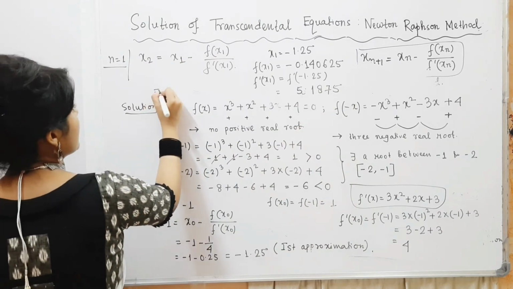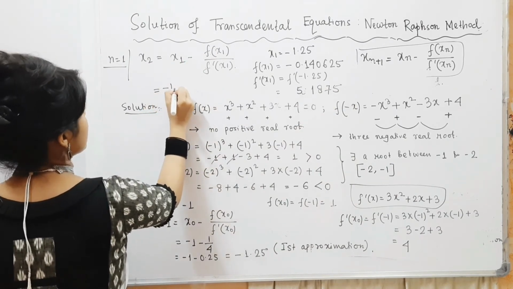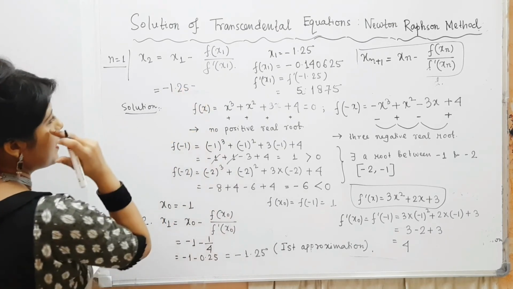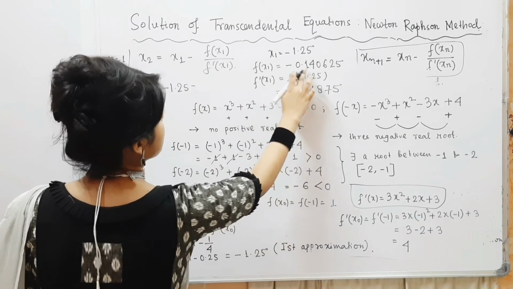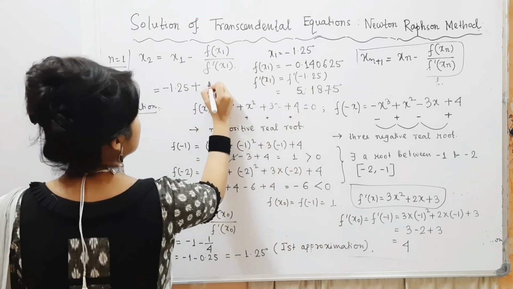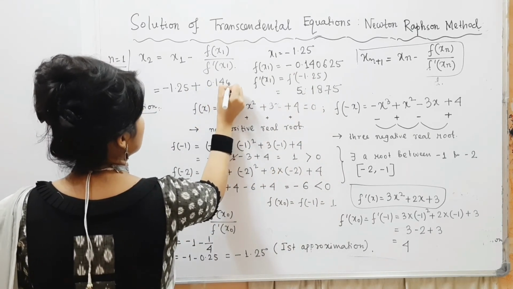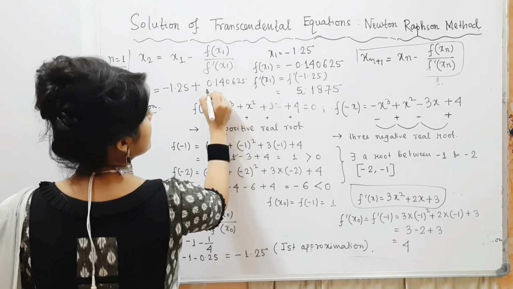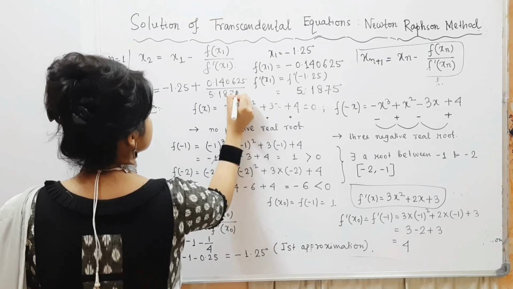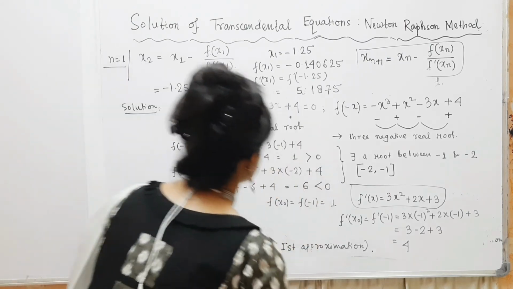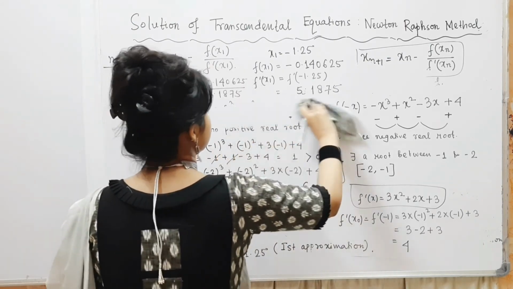So therefore now you put all this relation here. So minus 1.25 minus, so there is minus and there is another minus, so minus minus plus 0.140625 divided by 5.1875. Okay. So I am removing this one.